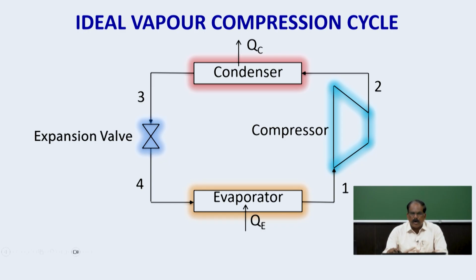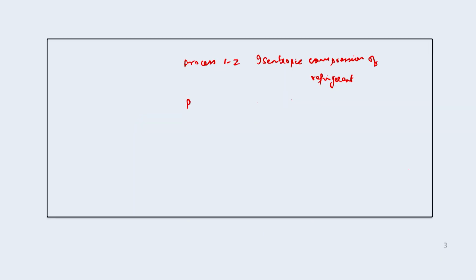So at state point 2, the condition of the refrigerant is high pressure, high temperature. This high pressure, high temperature refrigerant goes to the condenser, where the phase change process happens. Condensation takes place. Vapor refrigerant will be changed into liquid refrigerant. High pressure refrigerant vapor will become high pressure liquid refrigerant.